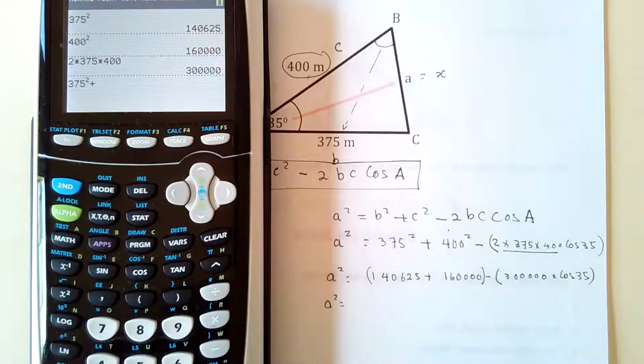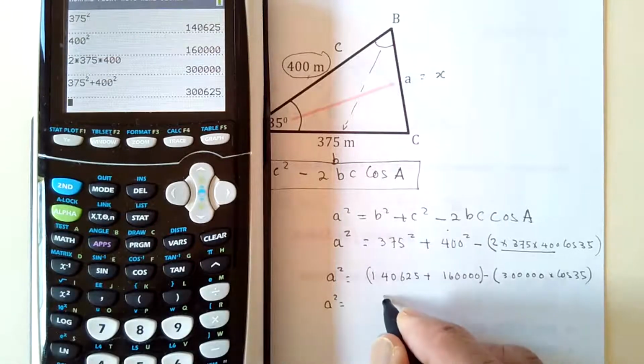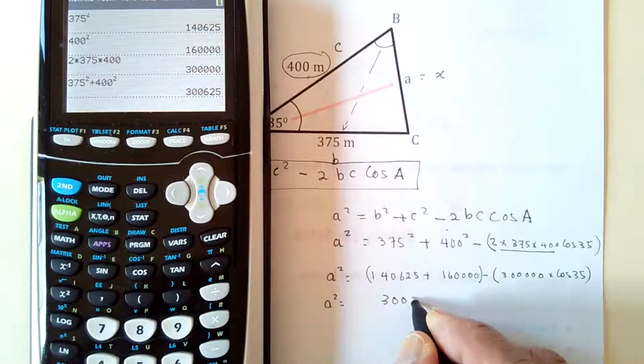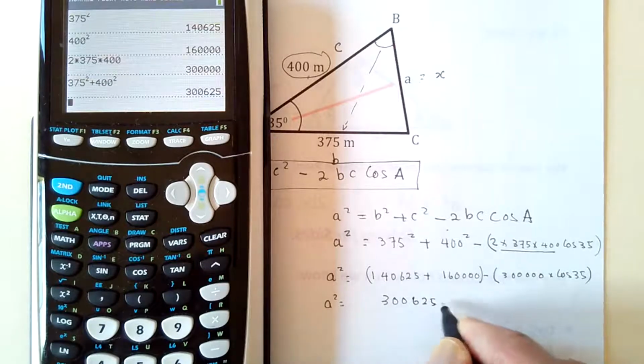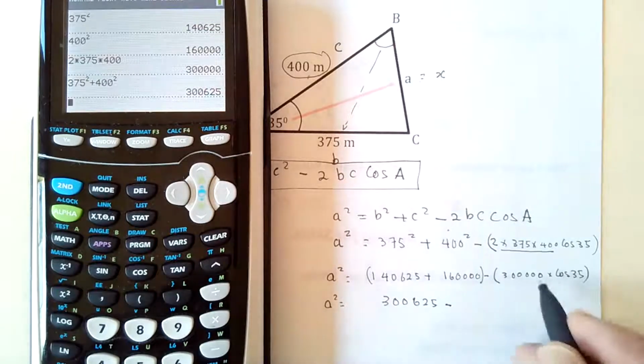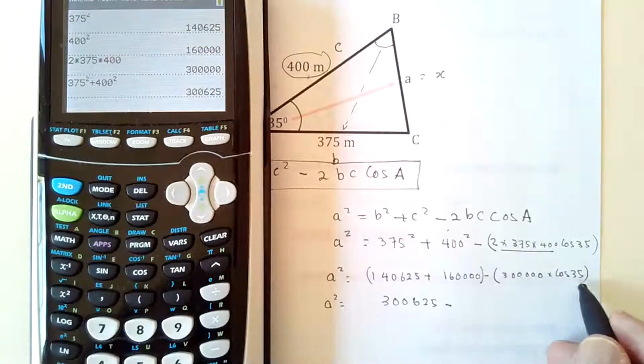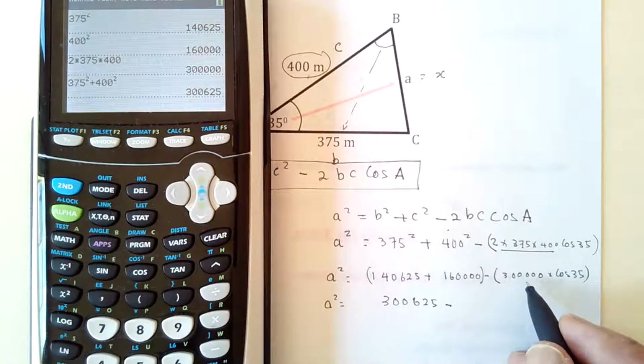That gives me 300,625, minus, now I will multiply cos 35 times this huge number.